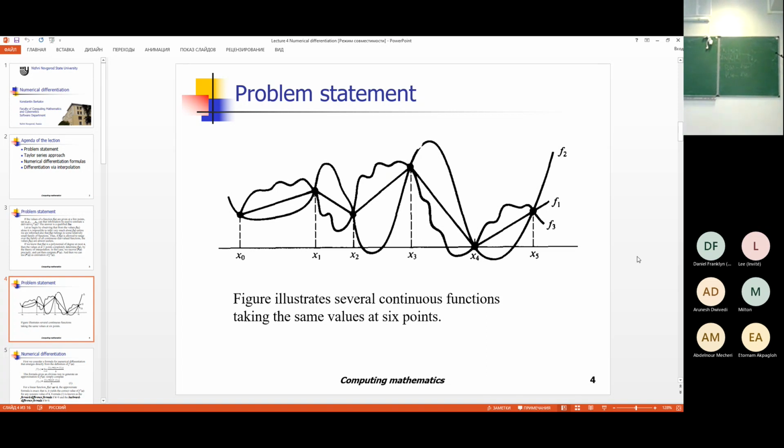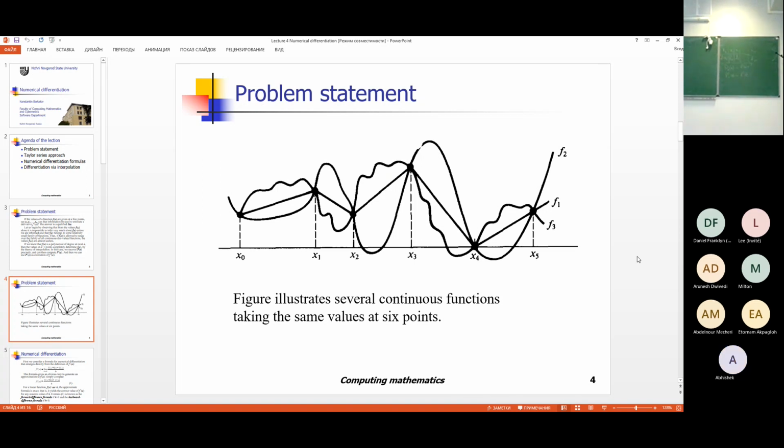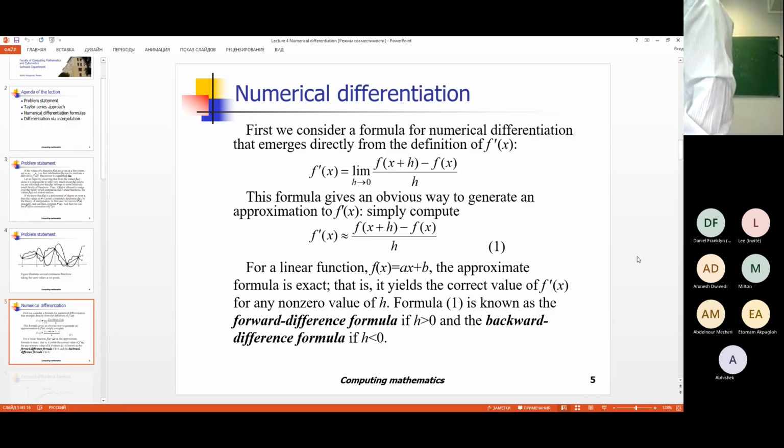But only one of these functions will be the interpolating polynomial of degree 5, because 6 points define the polynomial of degree 5. Only one of these functions will be the polynomial.